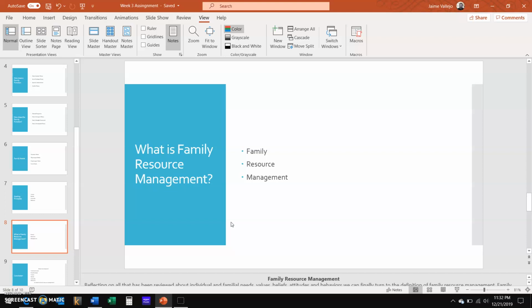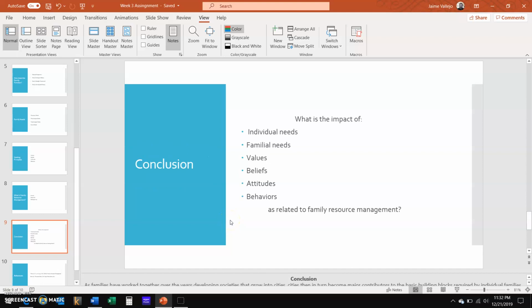So in conclusion, as families have worked together over the years, developing societies that grow into cities, and cities that in turn become major contributors to the basic building blocks required by individual families. Not only do cities provide what is needed, but they are major hubs of commerce.